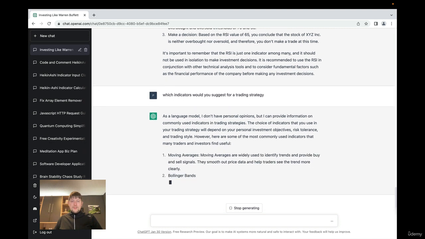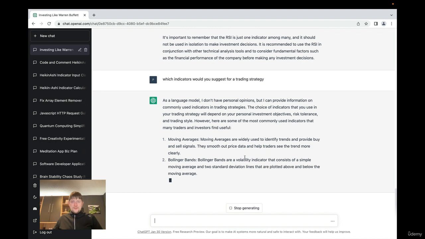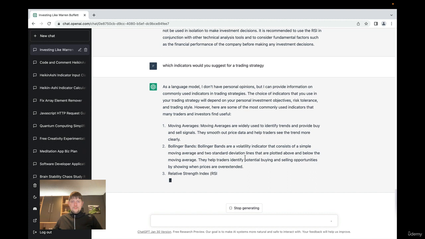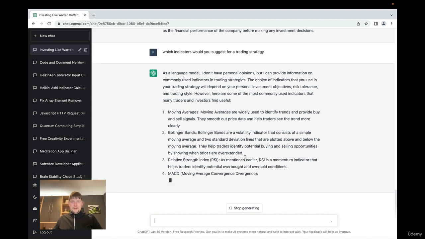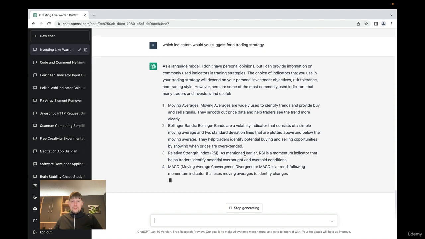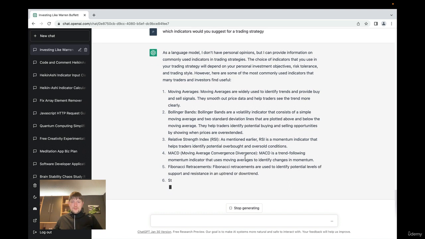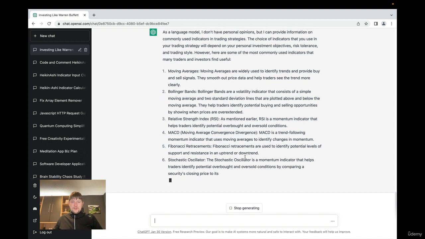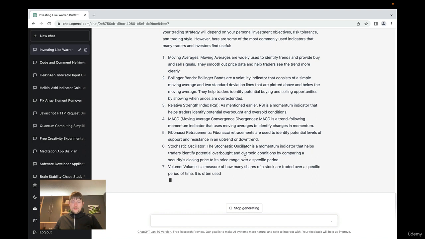And it first suggests moving averages, Bollinger Bands, the RSI, MACD, and Fibonacci retracements, stochastic oscillators, the volume, of course.